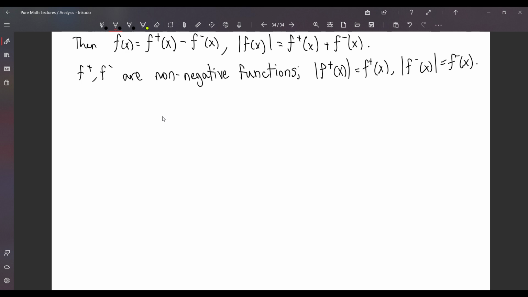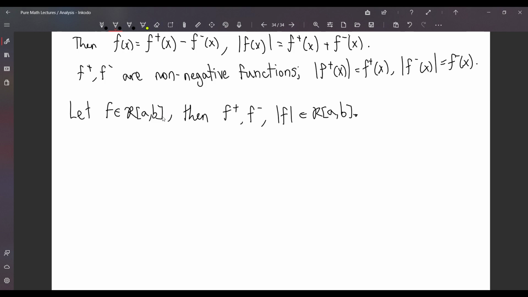So the first result we're going to show is that if f is Riemann integrable, then f plus, f minus, and the absolute value of f are Riemann integrable. The idea is kind of hard to state precisely, but it does use the Darboux criterion, which is why we're looking at this right now.